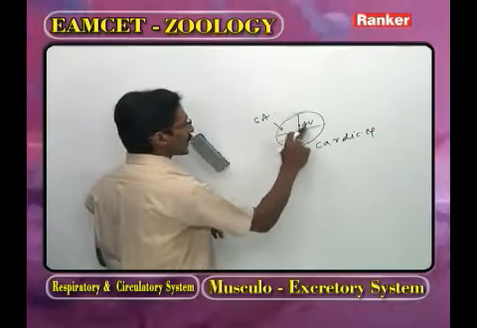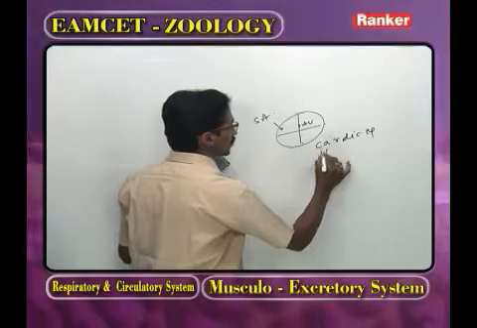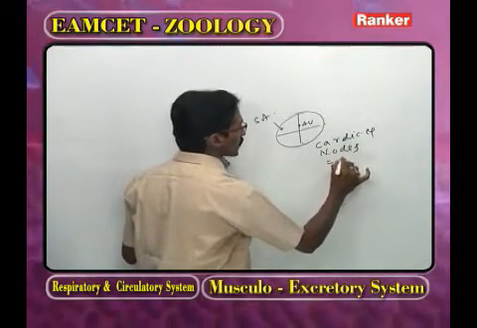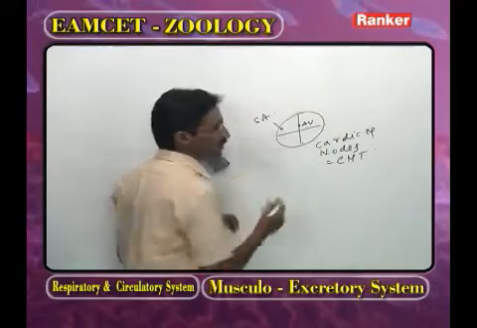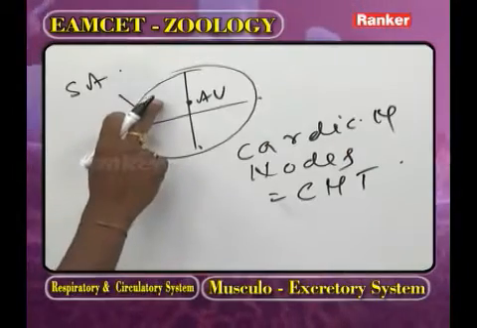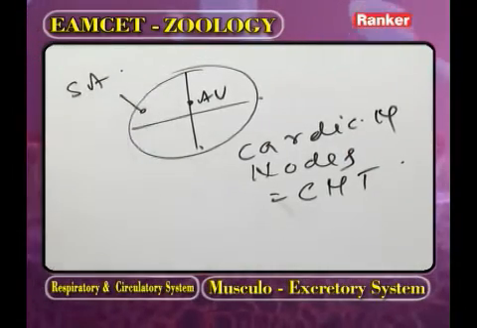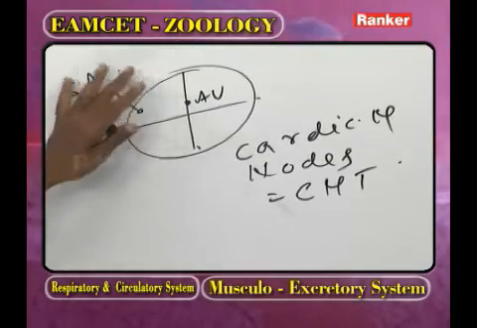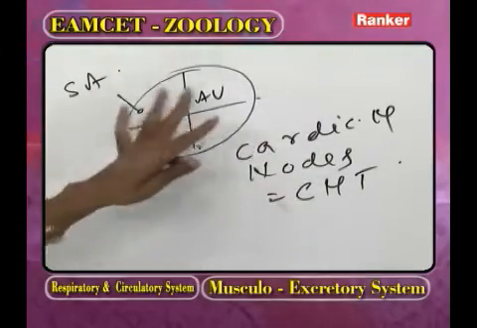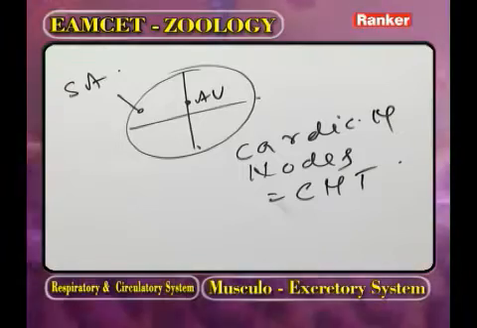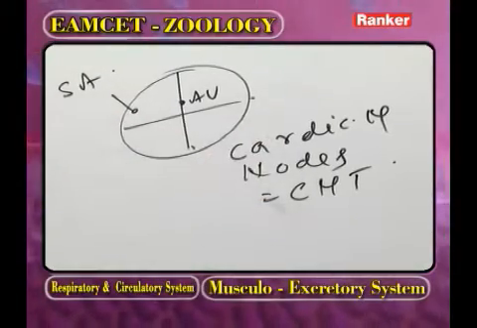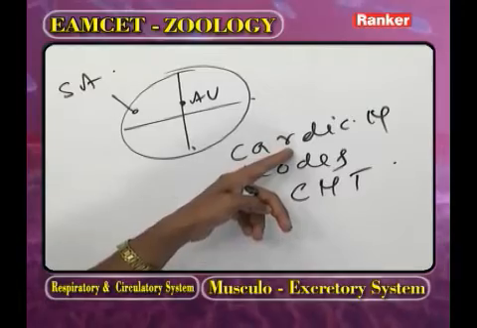The two nodes, SA node and AV node, are also made by cardiac muscle tissue. The heartbeat is started by the SA node. This is the pacemaker. So in mammals, the heart is myogenic because the heartbeat is under the control of muscle tissue. Here what is the muscle tissue? Cardiac muscle tissue.